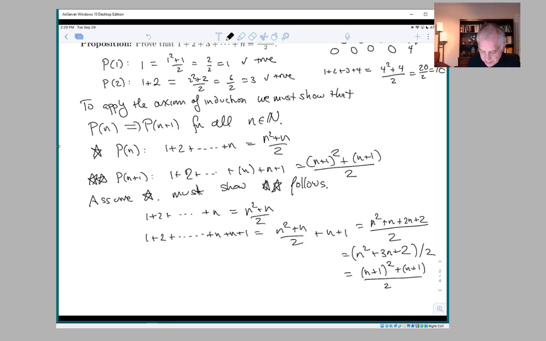So we've shown that P of n plus 1 is a consequence of P of n. So the formula holds for all n in the natural numbers.